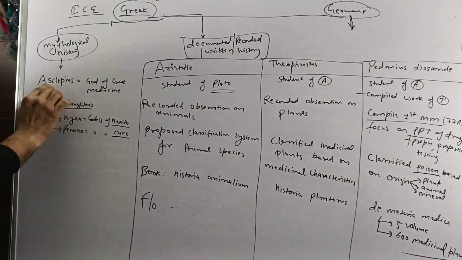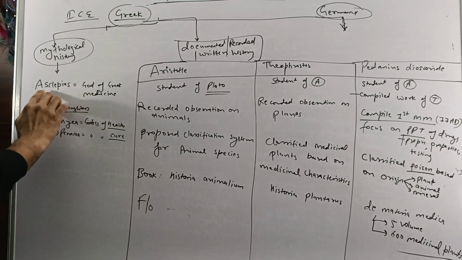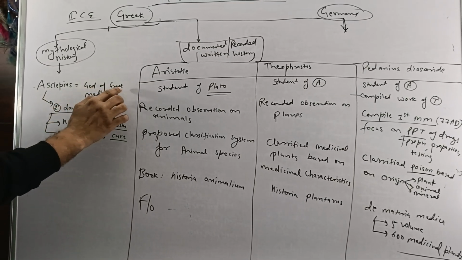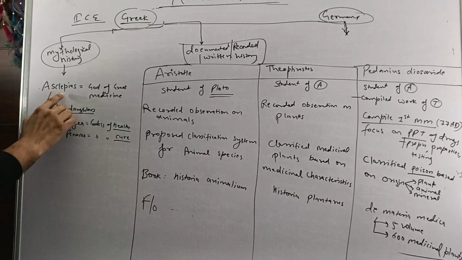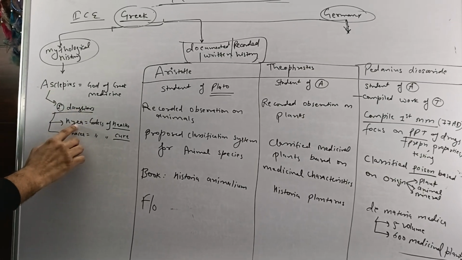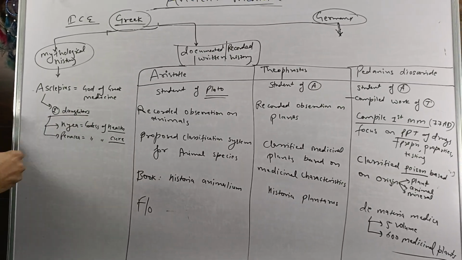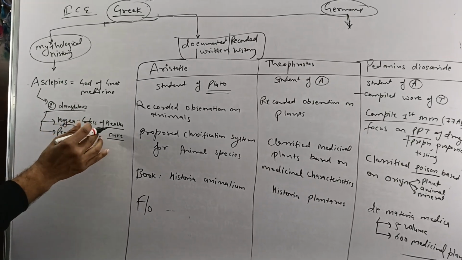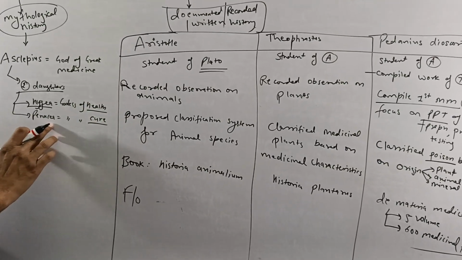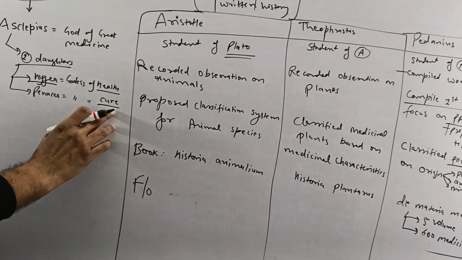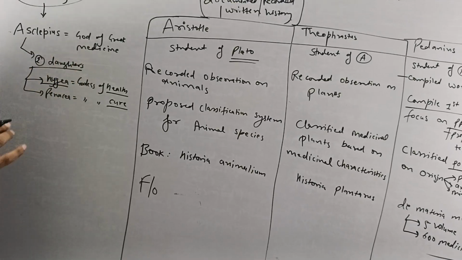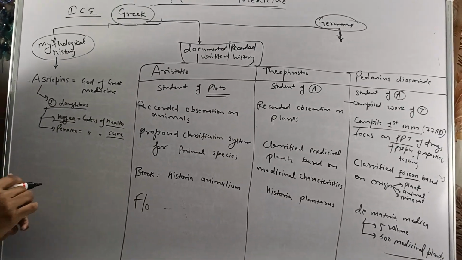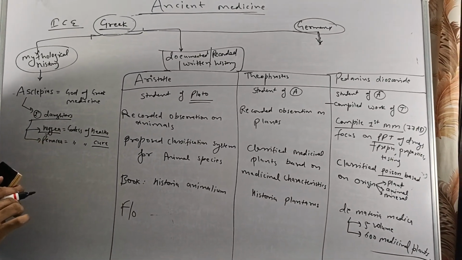Here it is Asclepius, known as the god of Greek medicine. He has two daughters, Hygeia and Panacea. Hygeia is known as the goddess of health and Panacea is known as the goddess of cure. So this is the mythological history of Greek ancient medicine.